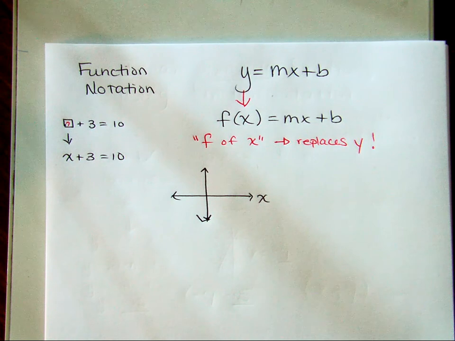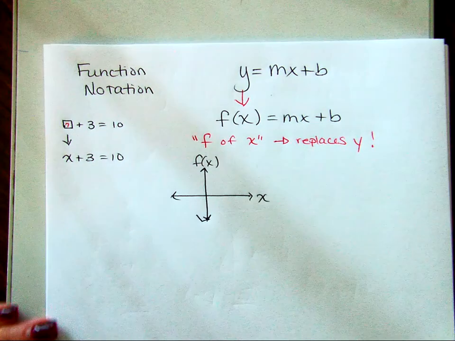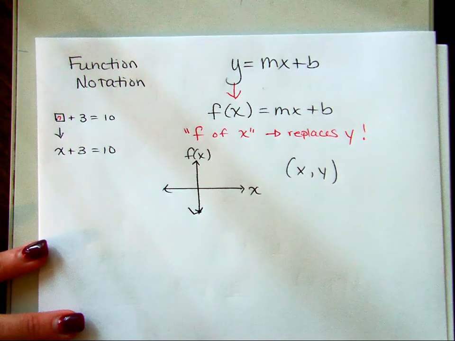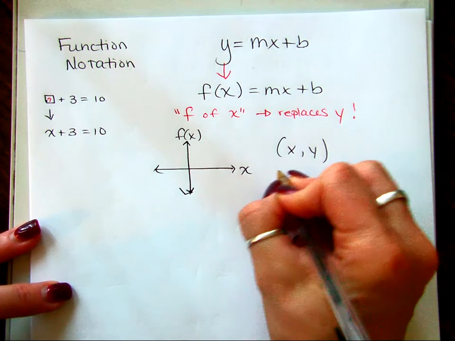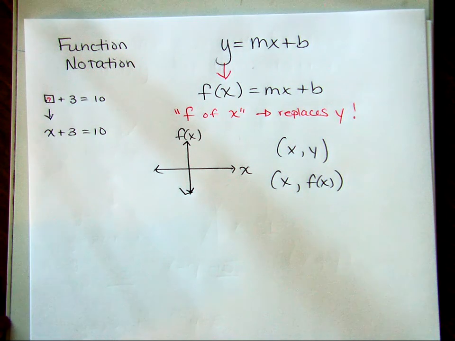In Unit 3, we label it x and f of x. If I want to put an ordered pair, and it's usually x comma y, in Unit 3, when we're talking about functions, it's x and f of x. Seems weird, doesn't it? Okay? So f of x is just y.